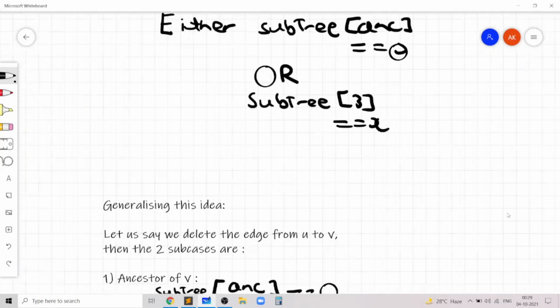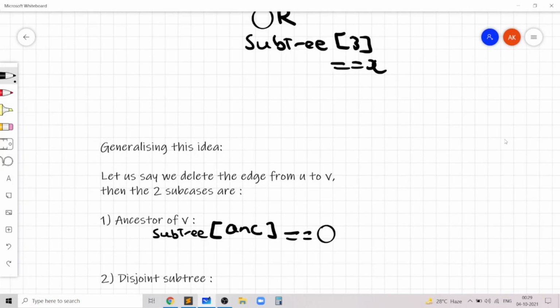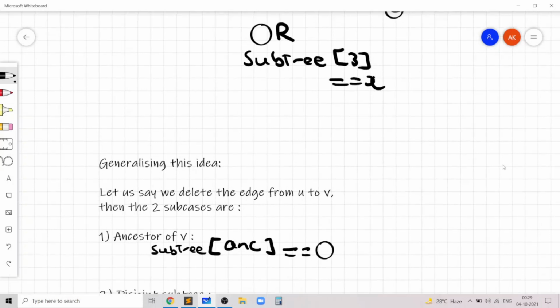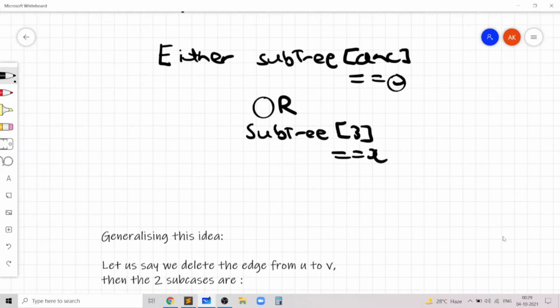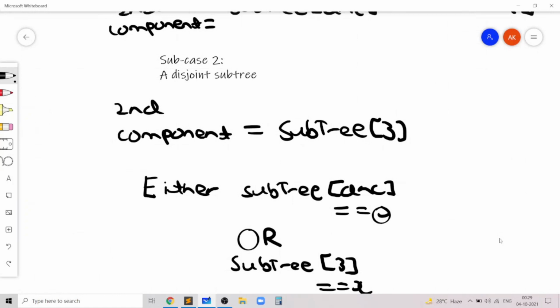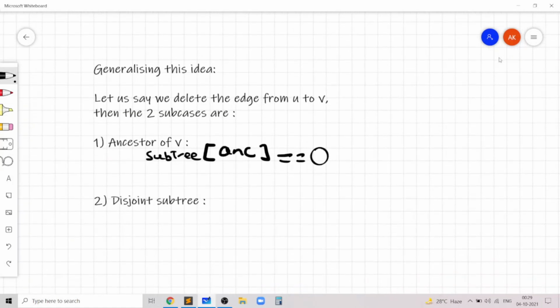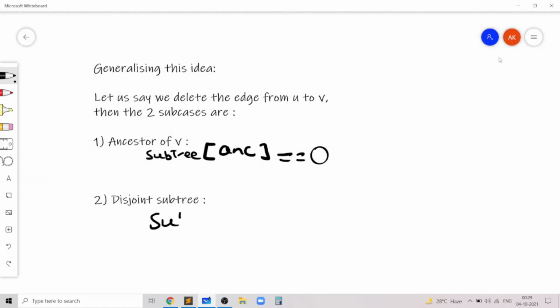Now for the second subcase, where a disjoint subtree, which is disjoint with v, should have a XOR equal to the required value, the XOR equal to x. In that case, we just need the subtree XOR of that disjoint node.